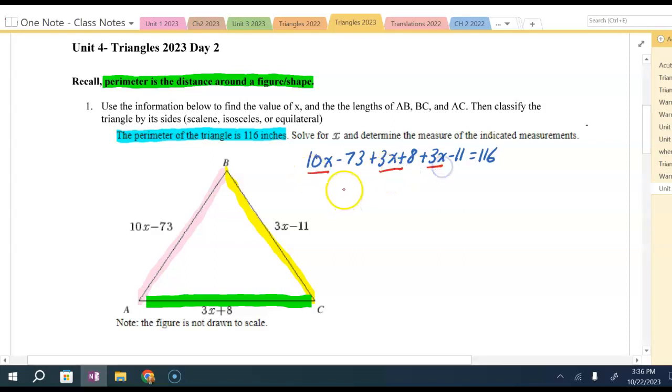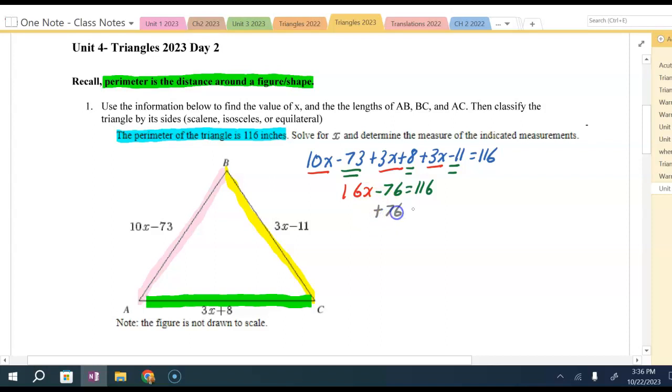When you combine the x's, you get 16x. When you combine the numbers, so the negative 73, the 8, and the negative 11, we get negative 76, and that's equal to 116.